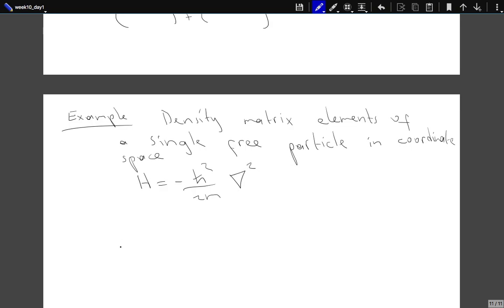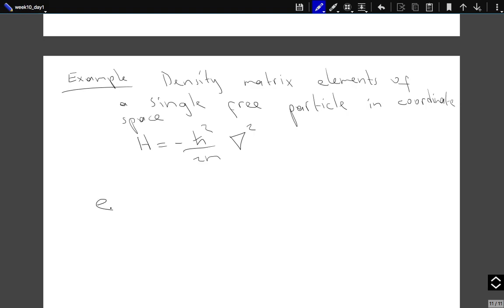Now what we need to evaluate first is the matrix element of e to power minus beta h between r1 and r2. This is what we need to evaluate first. Then if we divide this by the trace of e to power minus beta h, we obtain the matrix element of the density matrix. And the trace we can just obtain by setting R1 equal to R2 and integrating over all possible values of R.